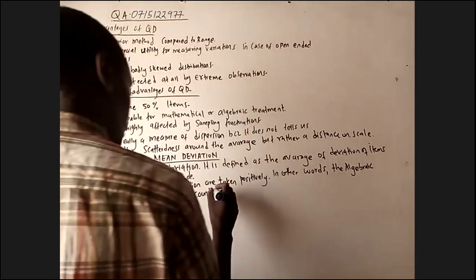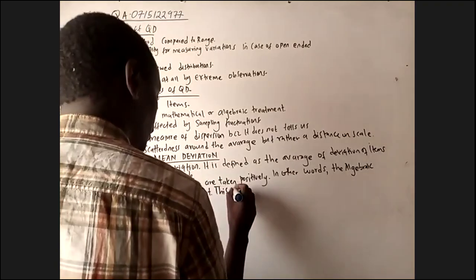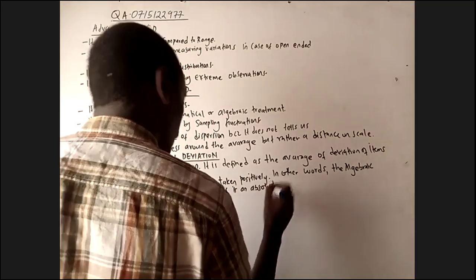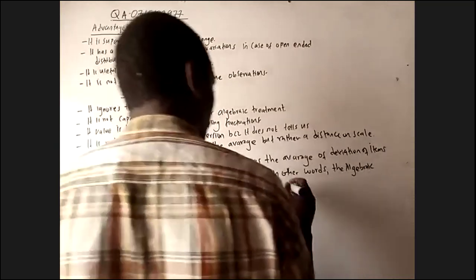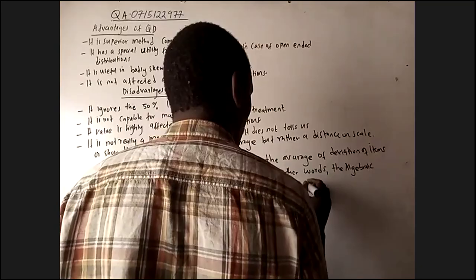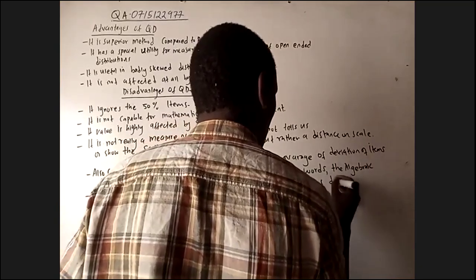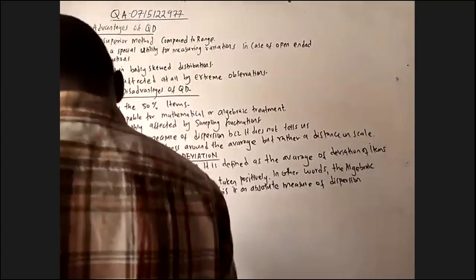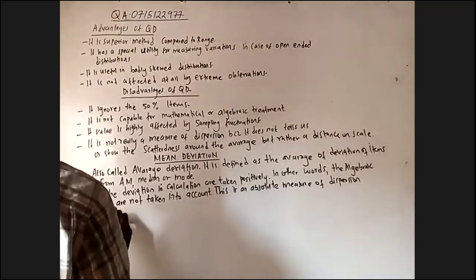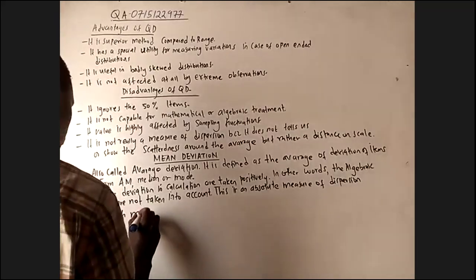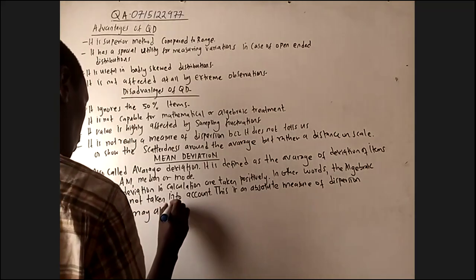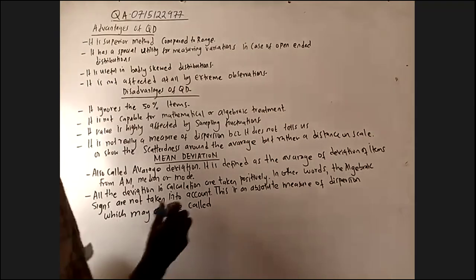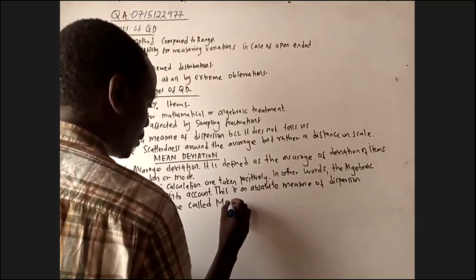Now, then we say, this is an absolute measure of dispersion, of dispersal, which may also be called mean absolute deviation.